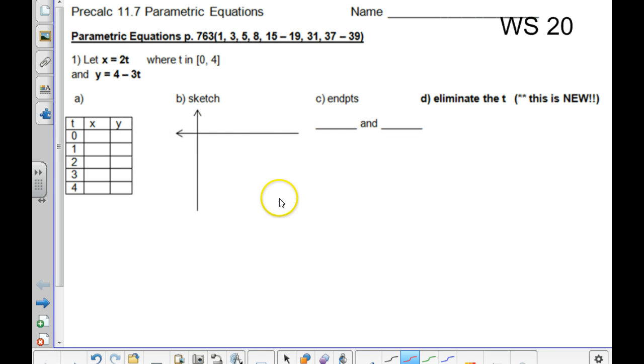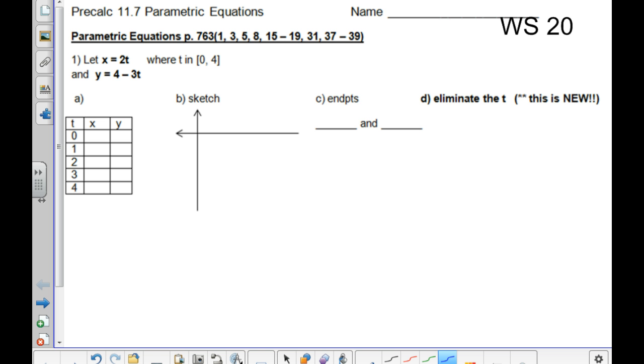All right, parametrics. This is section 11.7, the end of the conics chapter. It really ties together vectors from chapter 10, parametric equations that we talked about way back in chapter 3, I think, and the conics we've been doing.